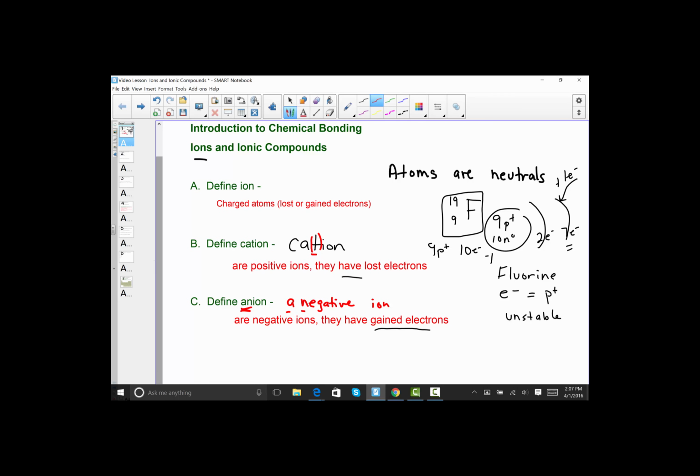As we mentioned with an example from fluorine, let's take a small atom like lithium and denote what it might do in terms of forming an ion. On the periodic table, lithium has a mass number 7, atomic number 3. It has three positive protons.